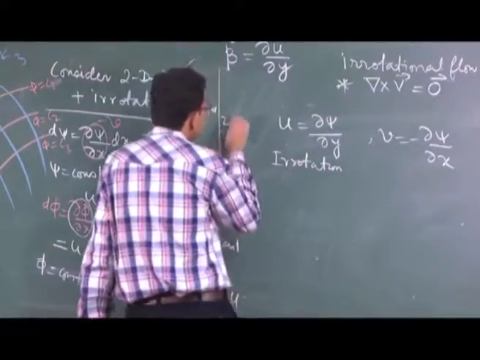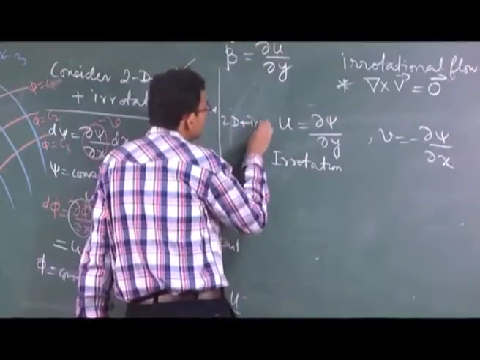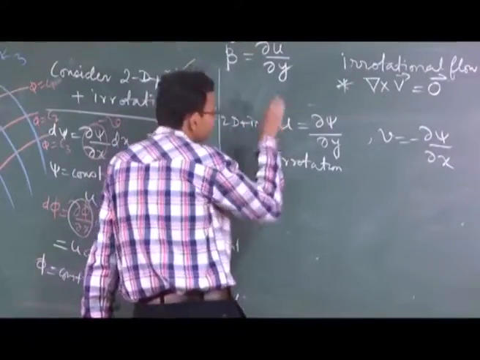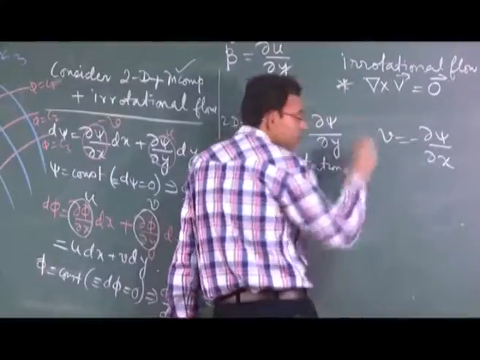So, this is two dimensional plus incompressible. If it is irrotational, then what is this?